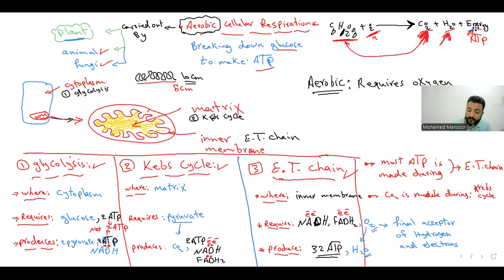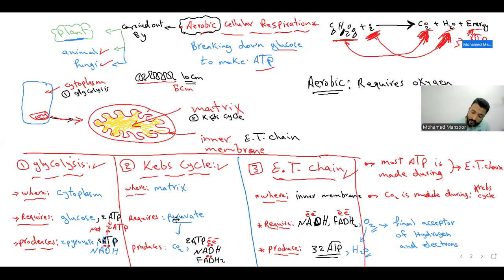Also we used the oxygen and we produced water in the last process. So we used the glucose, we used the oxygen, and we produced carbon dioxide, water, and the ATP.